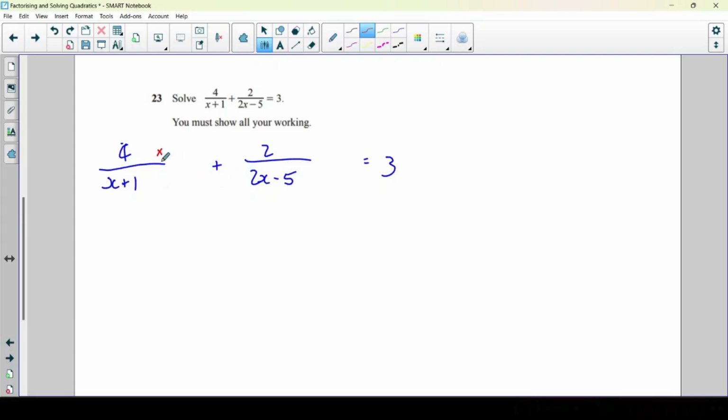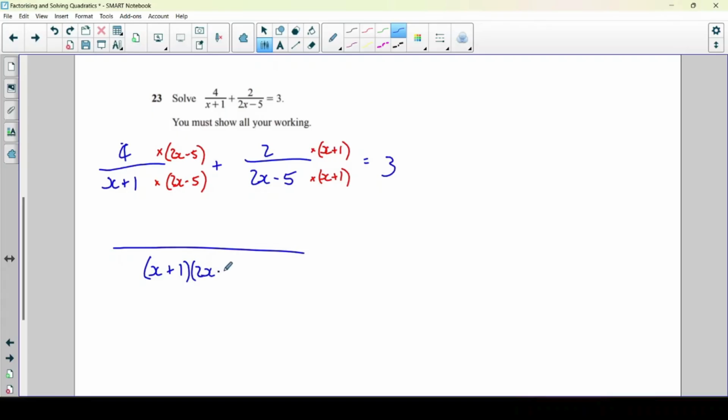So I need to multiply top and bottom of this one by 2x minus 5, and top and bottom of this one by x plus 1. So on the bottom of my fraction, I'm going to get x plus 1, 2x minus 5. Let's keep it factorised for now. On the top, 4 brackets 2x minus 5 plus 2 brackets x plus 1. Don't forget the other side of the equation equals 3.